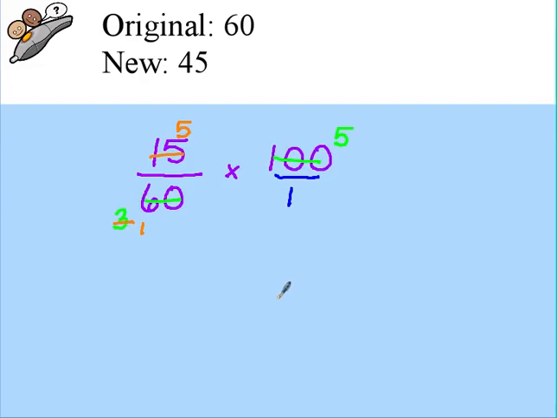So notice how that worked. And so on the top, I'm left with 5 times 5, which is 25. On the bottom, I'm left with 1. So your answer is just 25%. Otherwise, you could have taken your 15 times 5 and gotten 75 divided by 3. If you didn't see that 3 goes into 15, you would have gotten 25 as well then. Okay?